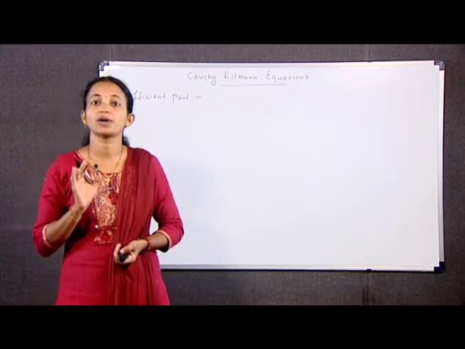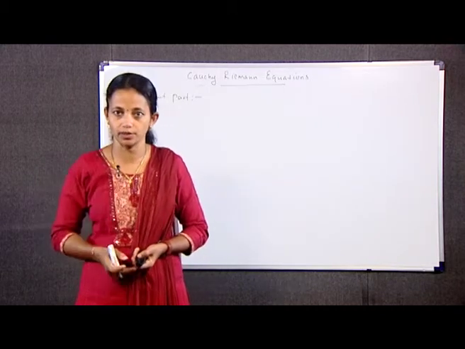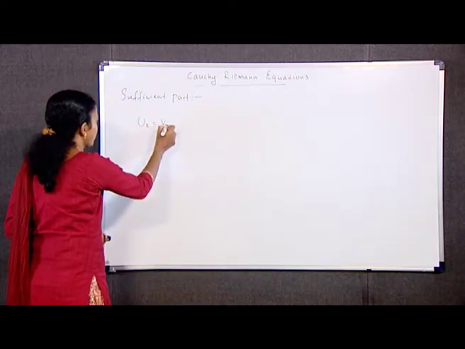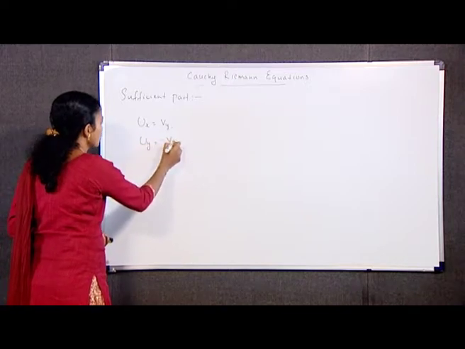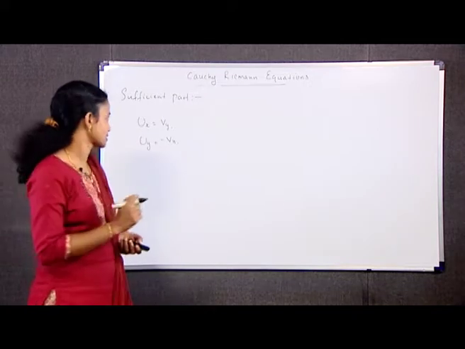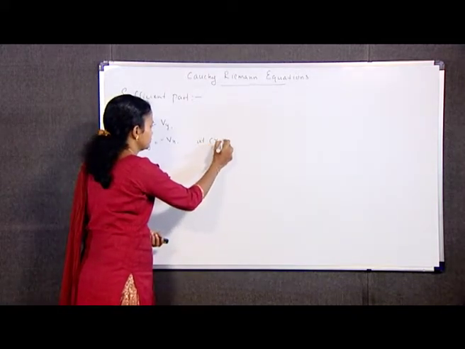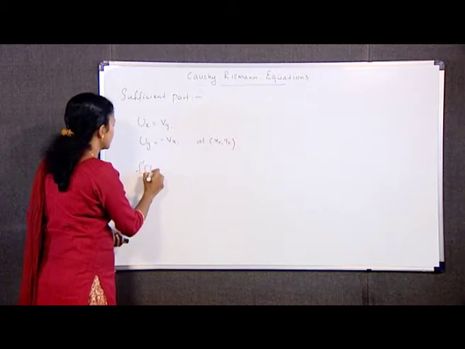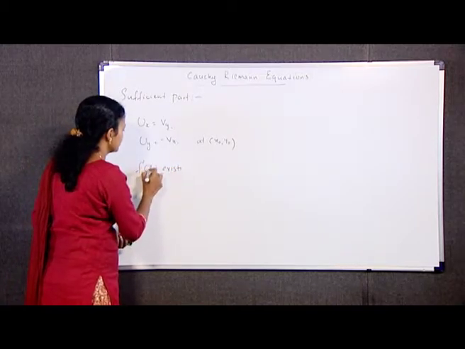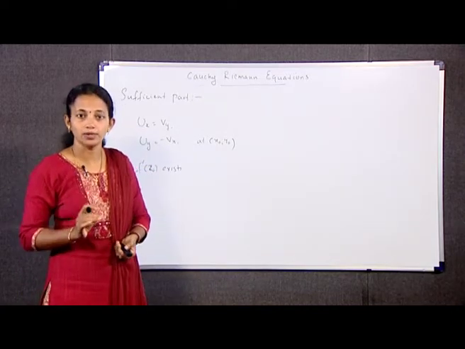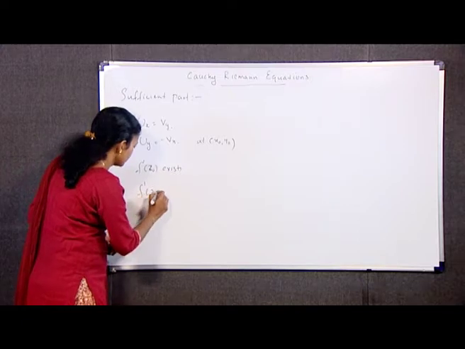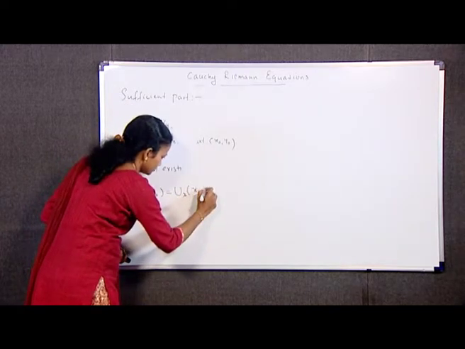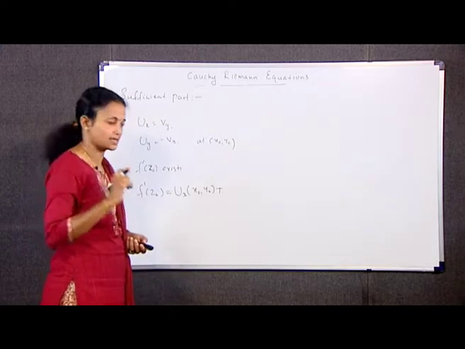And second, those partial derivatives are continuous at (x0,y0), and satisfy Cauchy-Riemann equations u_x = v_y and u_y = −v_x at (x0,y0). Then f′(z0) exists, and its value is f′(z0) = u_x(x0,y0) + i v_x(x0,y0).